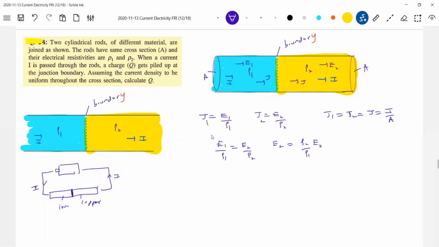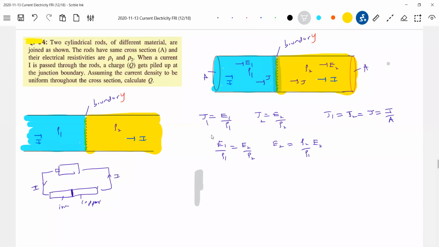So look at the field here. Suppose here the field is E2, here E1. Go back to electrostatics. Let me assume a surface here, a thin surface, actually the boundary.